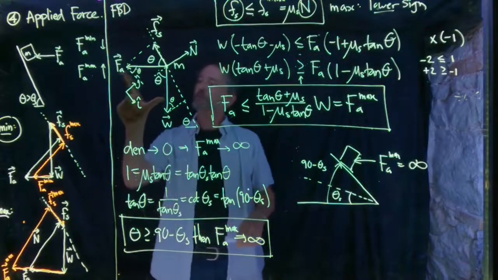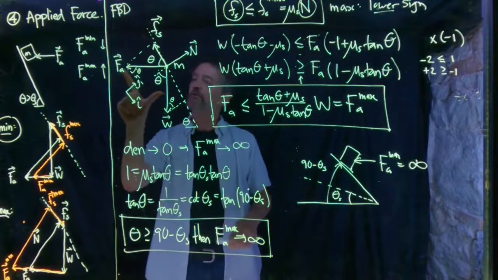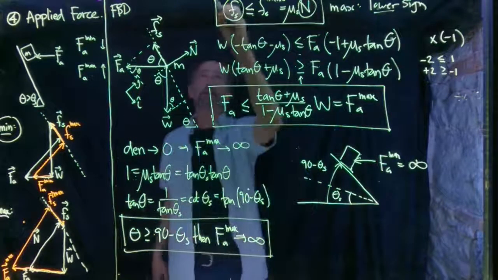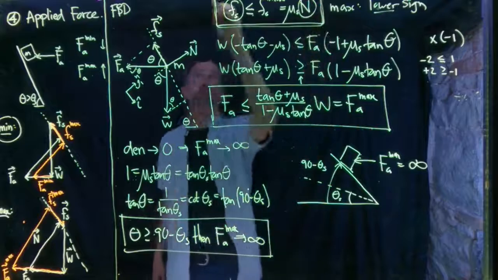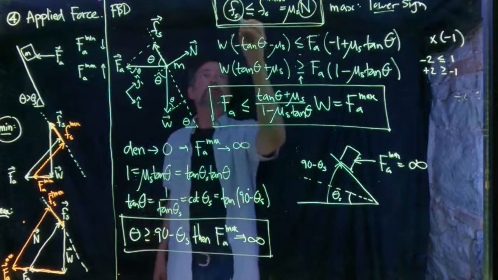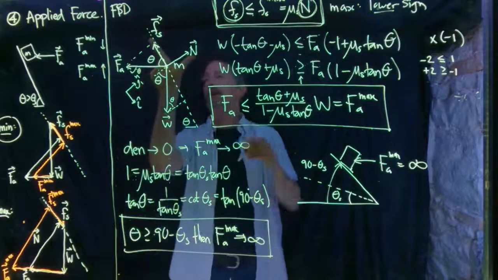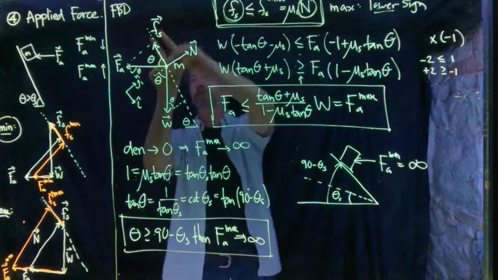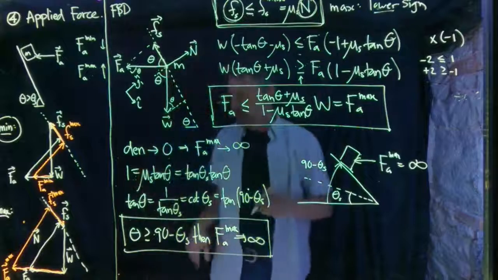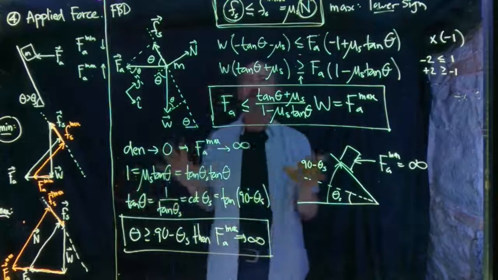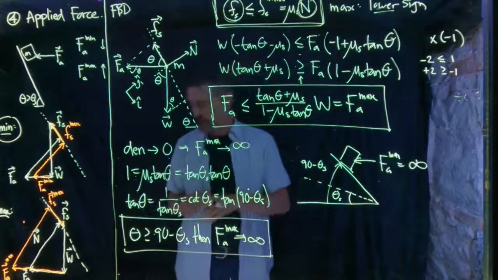And also being careful about your choice of i hat and j hat unit vectors. In cases like this, which are common Phys 121 type problems, you're looking for solving for fs and the normal. So arrange your i hat and j hat so that one points along n and one points along fs. So you just get one equation and one unknown. Two copies of that. Anyways, this was a really cool example, so I hope you liked it.